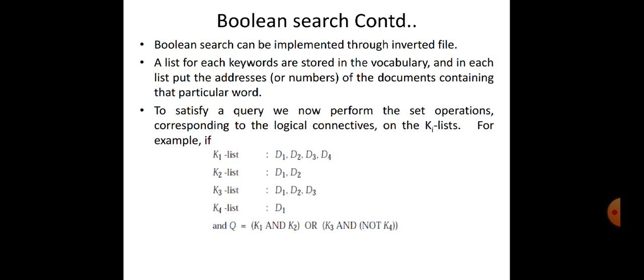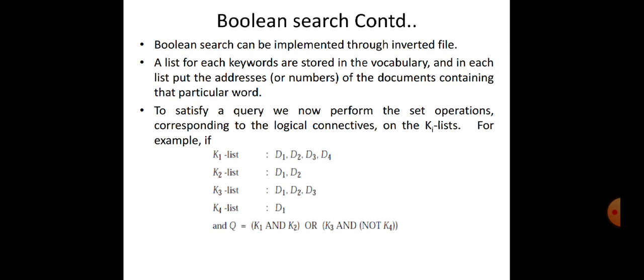We already discussed this. AND means intersection. We need to find all the documents which contain K1 intersecting K2. OR means union. NOT means we need to take the difference. Is it clear? First we need to find K1 and K2. In this example, K1 and K2 give D1 and D2, because D1 and D2 are the documents commonly containing K1 and K2.